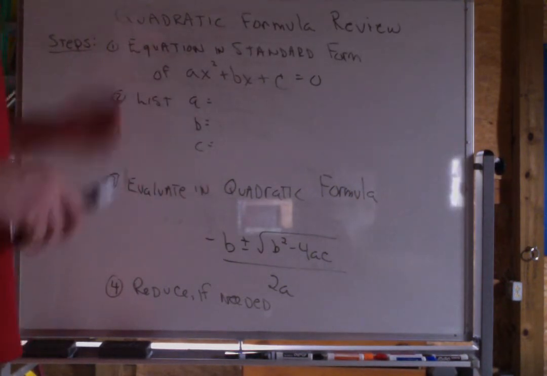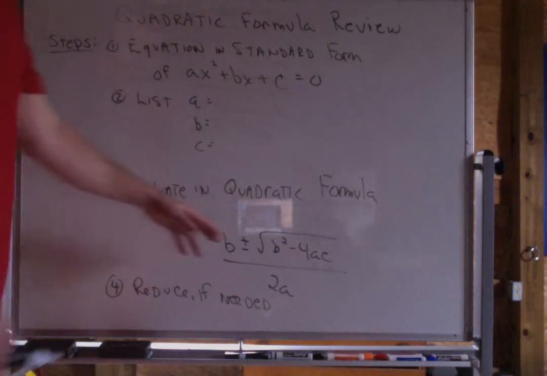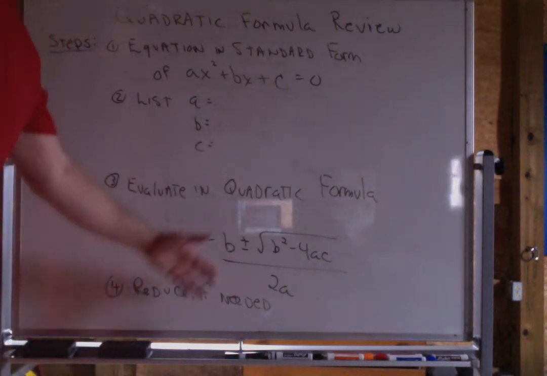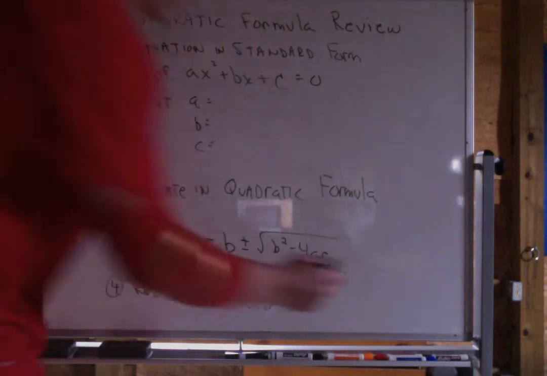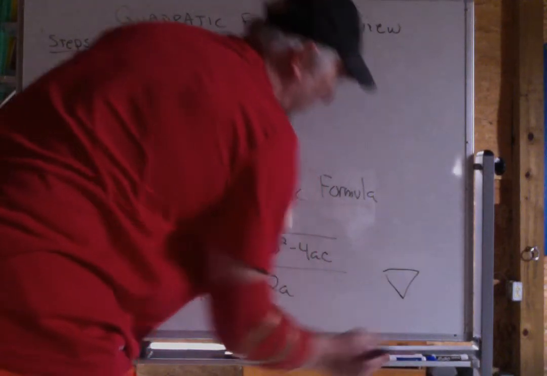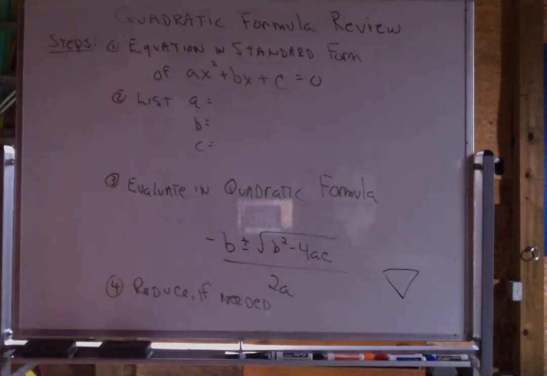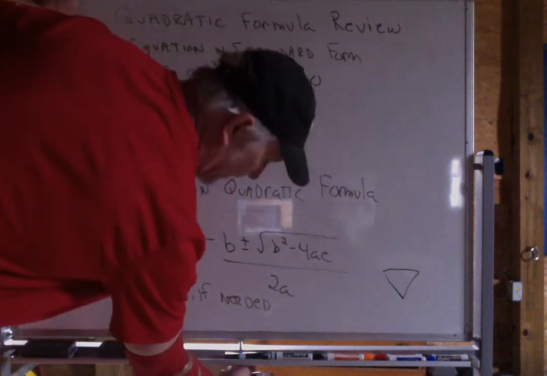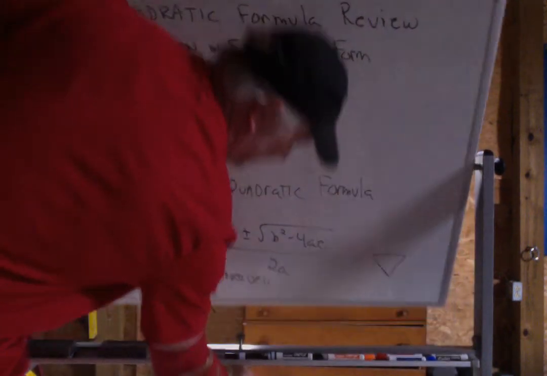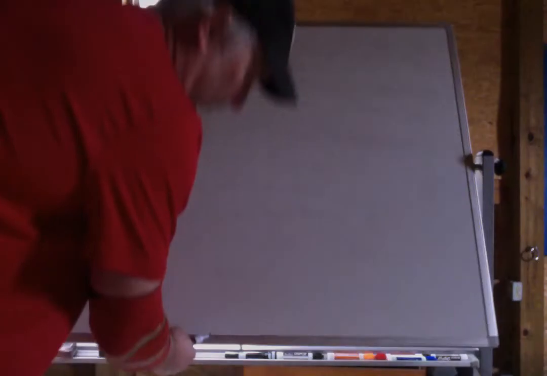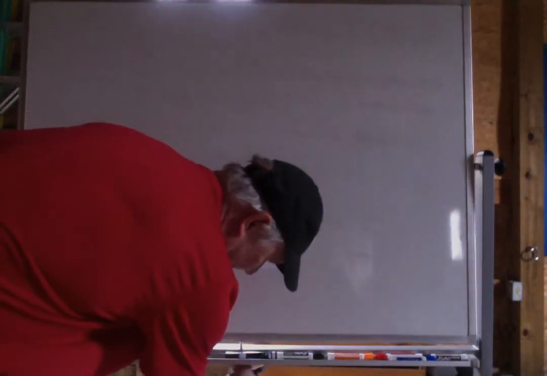We'll list our a, b, and c's, put them in our quadratic formula, and then reduce if needed. Remember, we can always reduce at the end, the upside down triangle. If you have your notebook, this would probably be a good time to pause and list our method. I'm going to flip over here, and we'll do a couple of our examples.